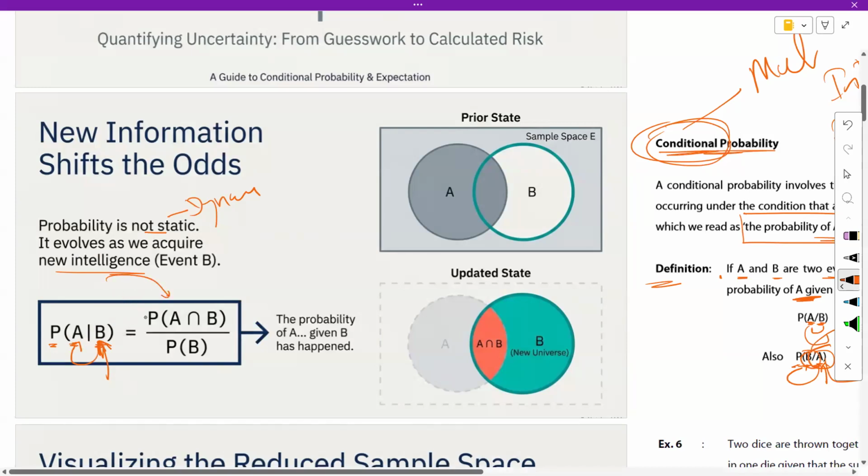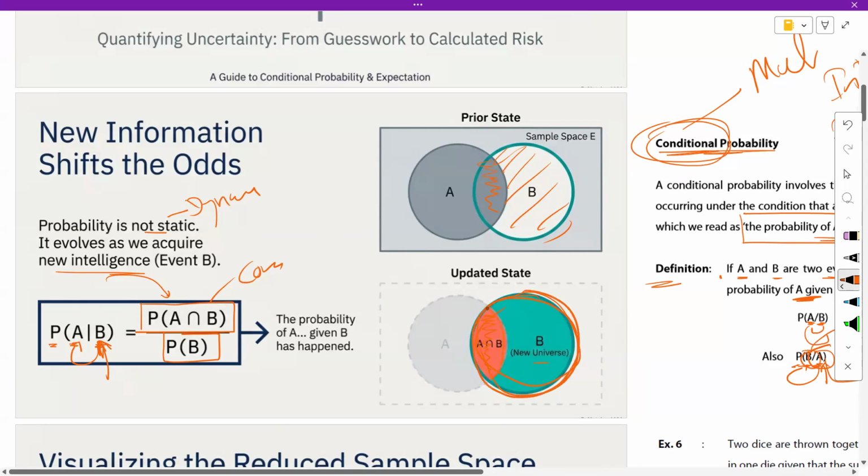This is the formula, the rule of thumb, the general formula: probability of A intersection B, meaning the common area, should be divided by the probability of B, this area. So it's an updated version. This is the common area, and this is the new universe.